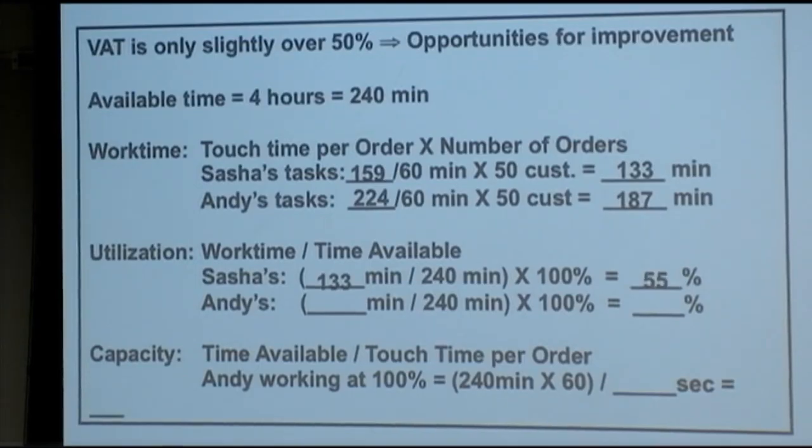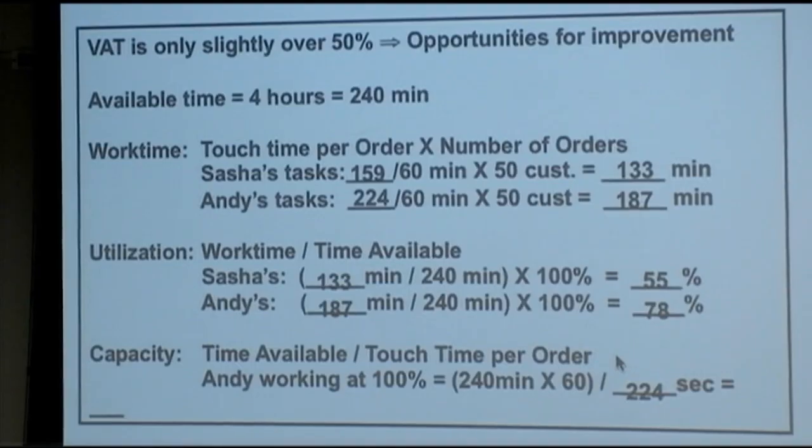And so their workload, Sasha is working 55% of the available time, and Andy is 78% of the available time. And their capacity, the touch time per order, if you take the waiting time out, should be 224 seconds, which is defined by the one that's the slowest, which is Andy.